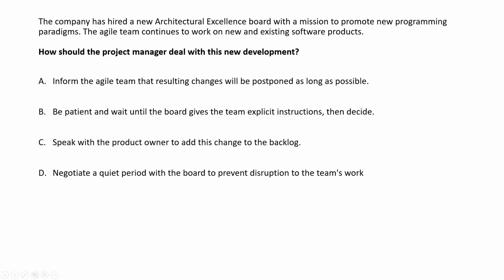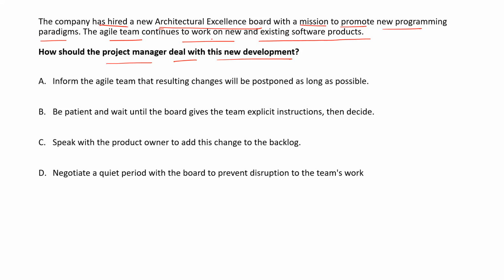So if you have a solid understanding, whatever the question is, you can easily find the answer. The company has hired a new board with a mission to promote new programming paradigms. The Agile team continues to work on new and existing products. How should the project manager deal with this new development?